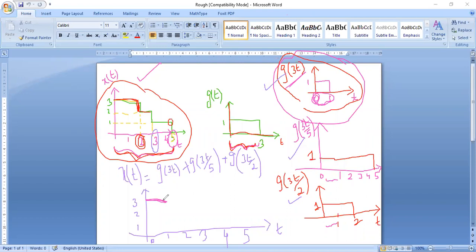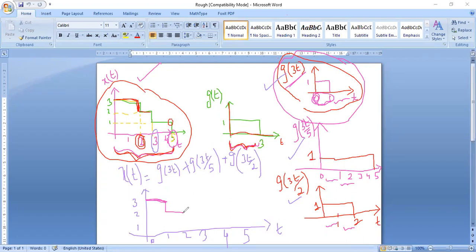Now let me see the next one. From the first diagram, I do not have anything from 1 to 2. But in the second diagram I have amplitude 1, and in the third diagram I have amplitude 1. So from 1 to 2, the amplitude is 2. Now see whether I am right as per the x of t diagram.